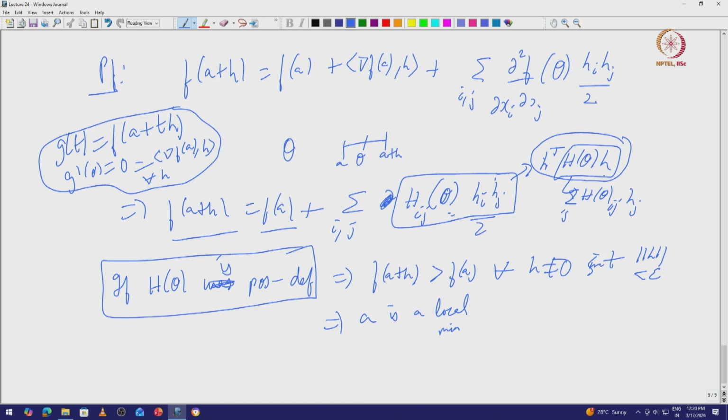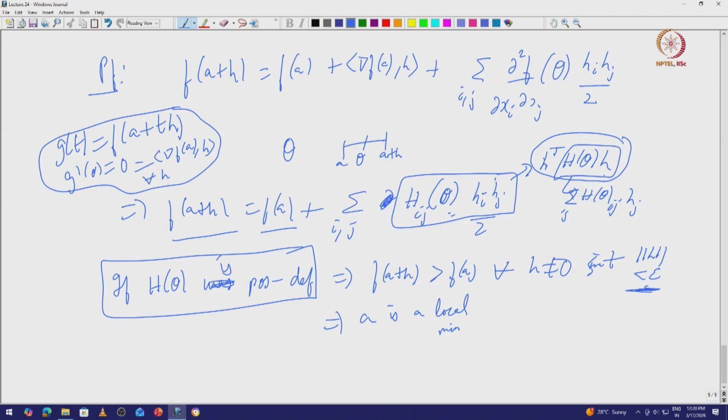Notice that this epsilon is some fixed positive number, but it can be very small if we want. It's a local minimum after all. So if f double dash of a is positive, f double dash of theta is positive for all theta close enough to a, because of continuity of f double dash.